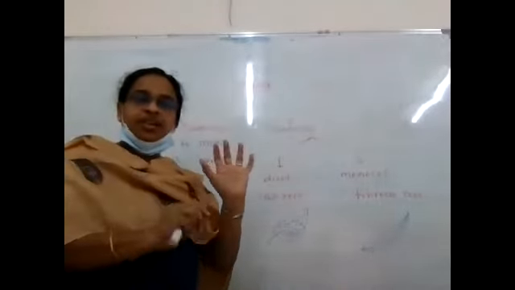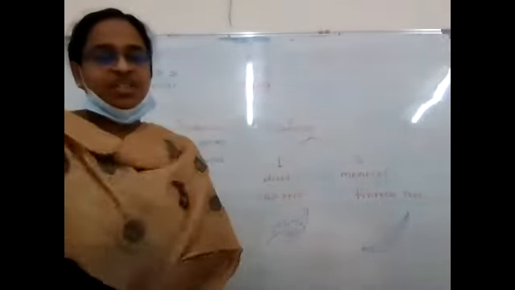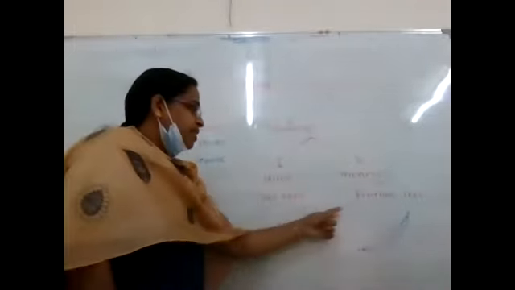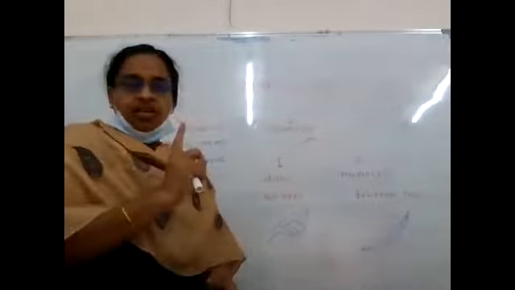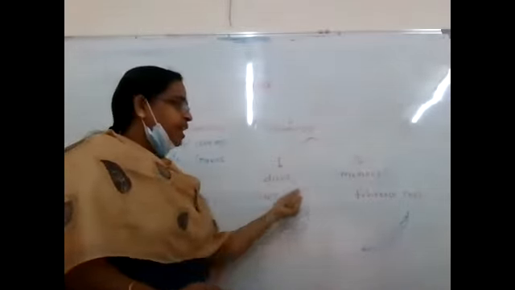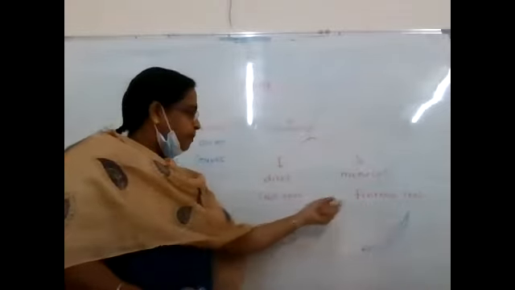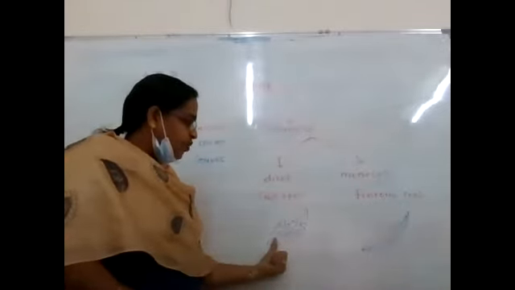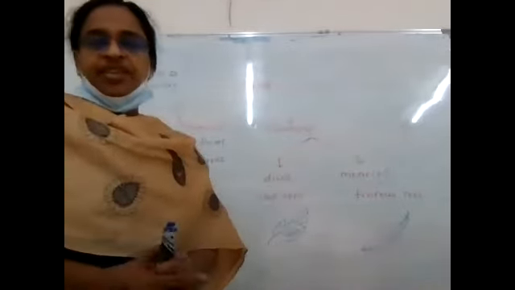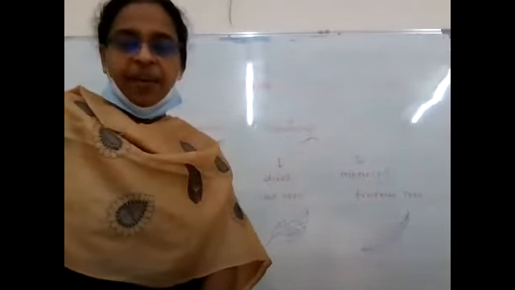I have uploaded all the notes, you can just go through them. Monocot have only one cotyledon. Dicots have taproot, monocots have fibrous root. Dicots have network veins, monocots have parallel veins.